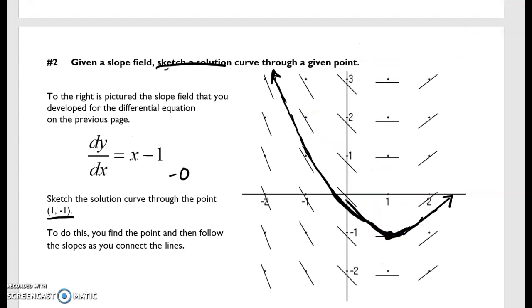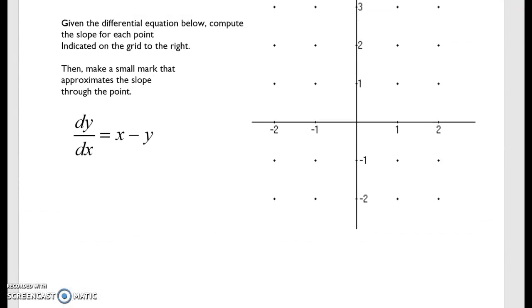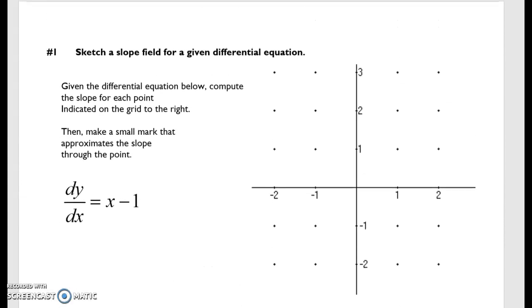Let's go back to number 1 now and actually create our own slope field. So if you're asked to create a slope field, you will be given certain points to look at. And so notice all of these coordinates here.